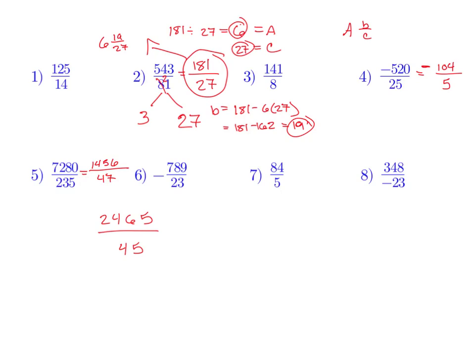Okay, then I want to find my B value, which means I'm going to take the original numerator and subtract from that my whole number times the divisor. So if you think about this, this is D minus A times C. So now I'm going to do 125 minus 8 times 14.